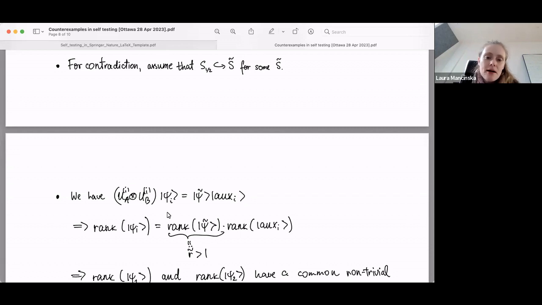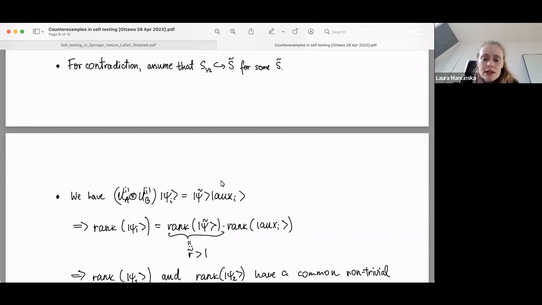Okay, and now I'm going to argue about the Schmidt rank of the two sides. The local isometries don't change the Schmidt rank. And therefore, I get that the Schmidt rank of psi I must be equal to the Schmidt rank of the right-hand side, because the application of these local isometries didn't change the Schmidt rank of psi I.